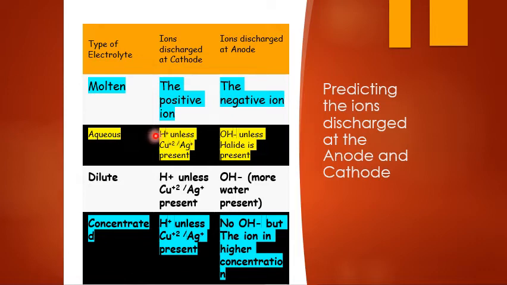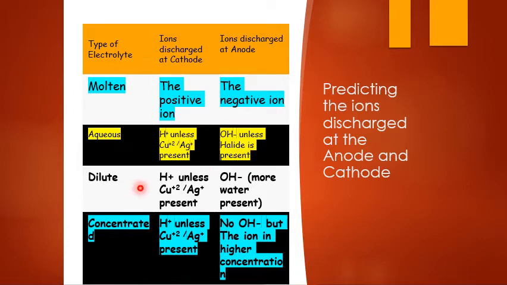So in an aqueous solution, at the cathode it is going to be H plus. It's always going to be H plus unless you have copper or silver present. At the anode, if it's an aqueous solution, it is going to be hydroxide unless a halide is present. We know that the halides are found in group 7.